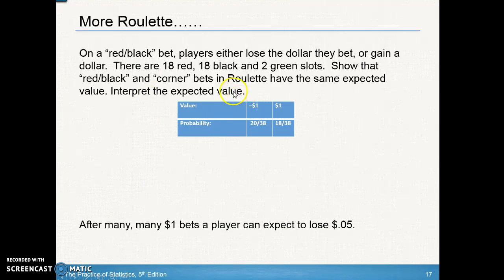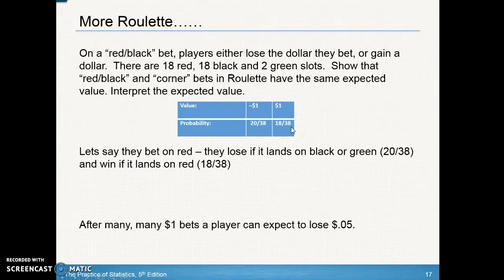Okay, and notice here with our red-black bets, we're losing $1. We're talking about our net gain again. We're doing that 20 out of 38 times. We're winning $1 18 out of 38 times. So let's say they bet on red: they lose if it lands on black or green, so that's 20 out of 38, and they win if it lands on red, that's 18 out of 38.